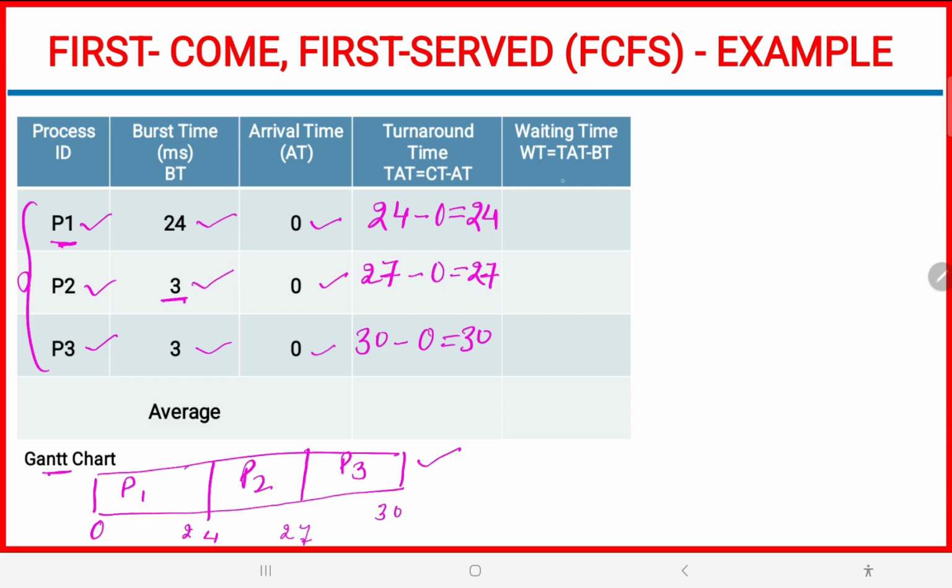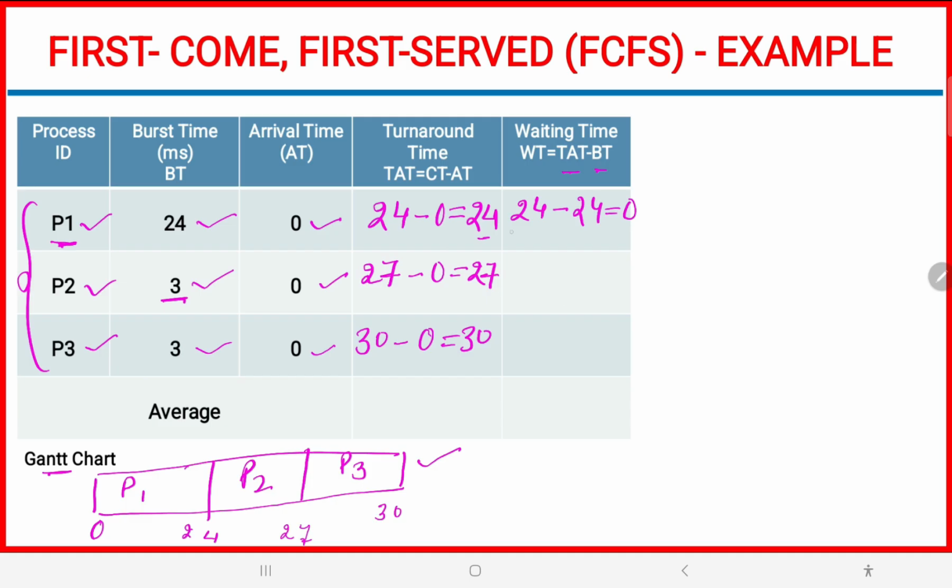To calculate the average waiting time of processes, those two values are needed: turnaround time as well as burst time. The turnaround time for process P1 is 24 and the burst time of process P1 is 24. So 24 minus 24, and we get the value of process P1's waiting time as 0.